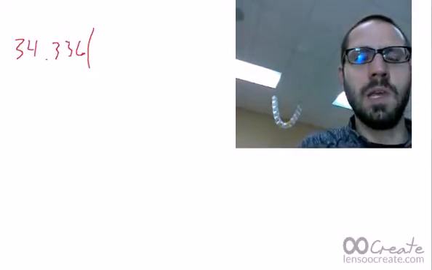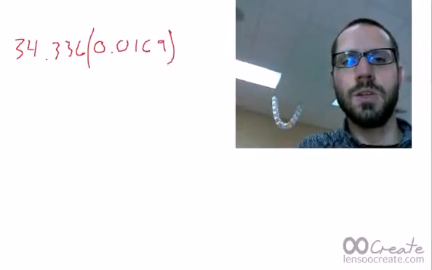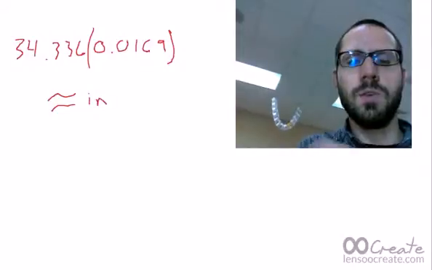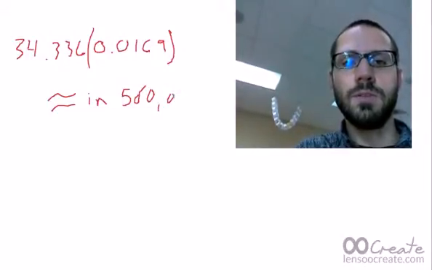All right, looking at D. In the year 2000, California had 34.336 million people times the rate of 1.69-ish percent. We can go approximately an increase of, I got 580,000 people.